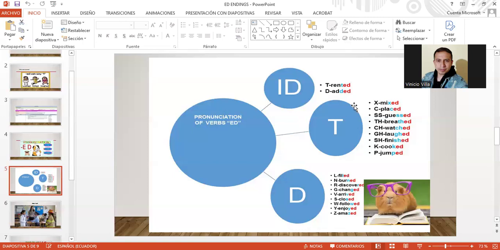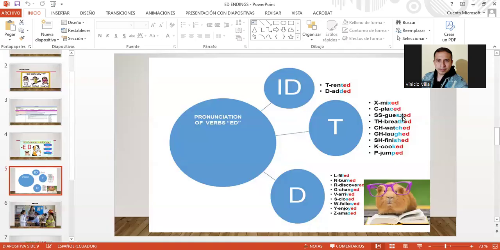Now, let's take a look at the second one. We can see a T phoneme here. In the same way, we have to look very carefully at the light blue letter before the red color.